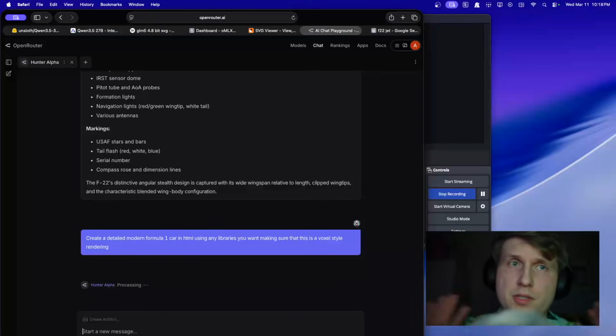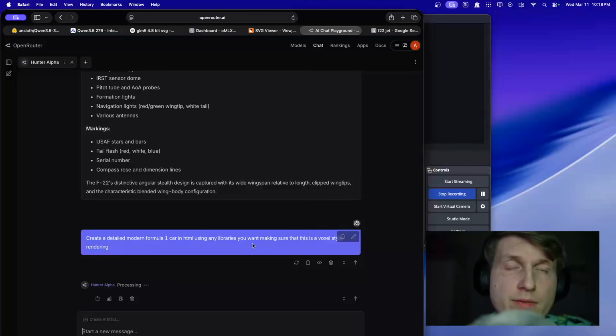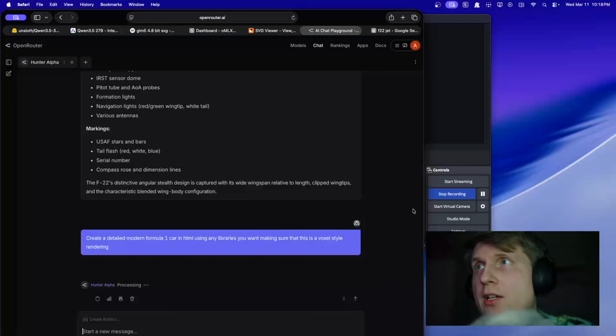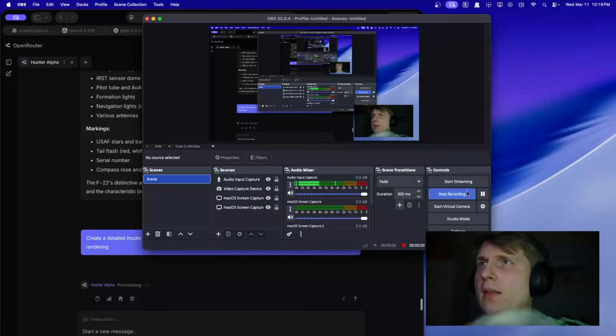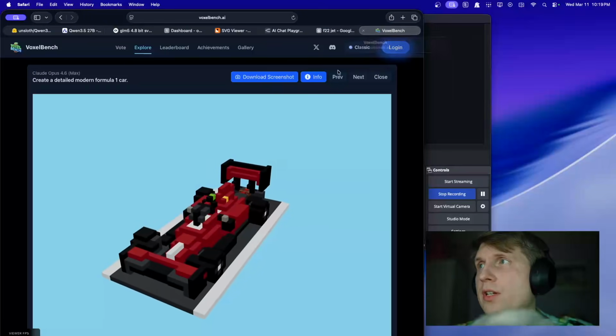All right, so we're going to do a bit of a waiting game again, because this model is very sought after right now. I guess everybody is benchmarking it. So I'm going to stop it until we get back to it. Now, it is still running, but I just wanted to give you guys a comparison of what the best model so far, or one of the top models so far, looks like.